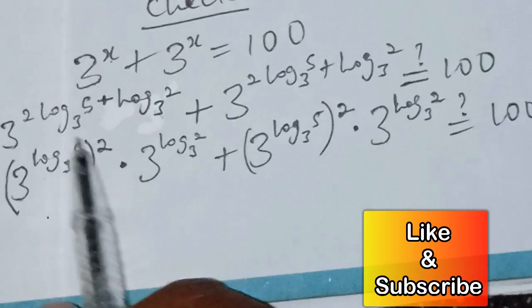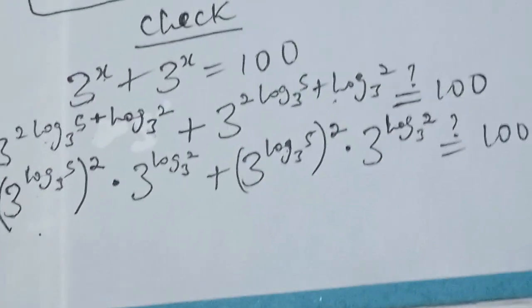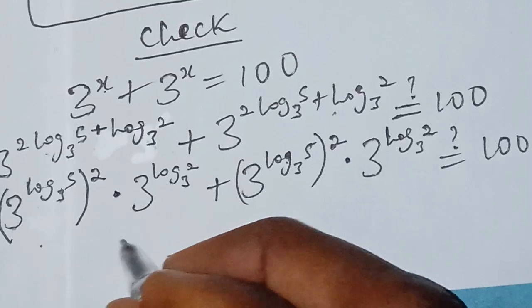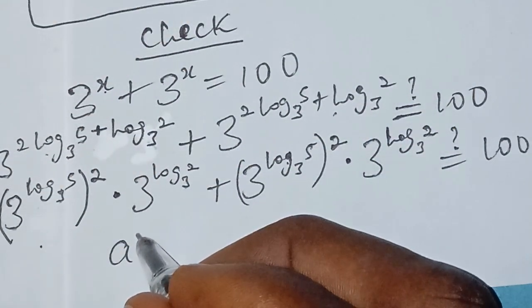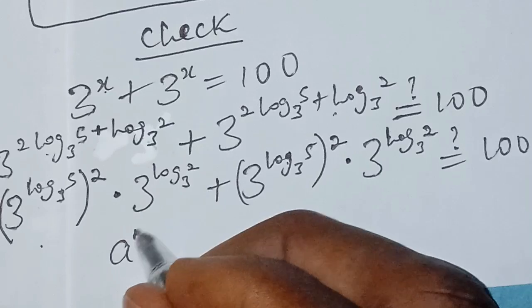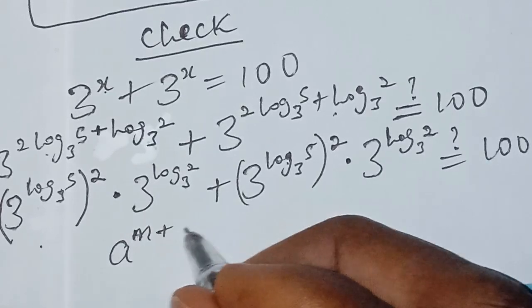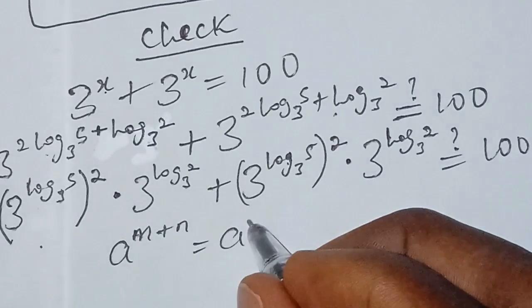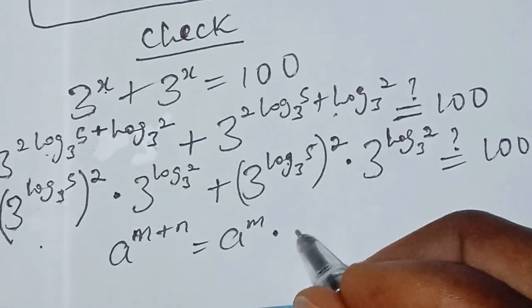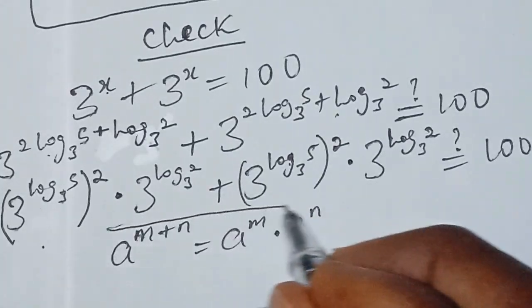So now we approach this from this step to this step when we consider the rule of exponents, that implies base a power m plus n, we can write it as base a power m multiplied by base a power n.